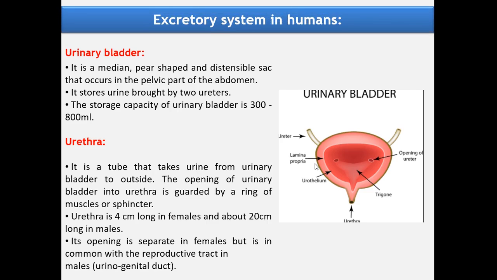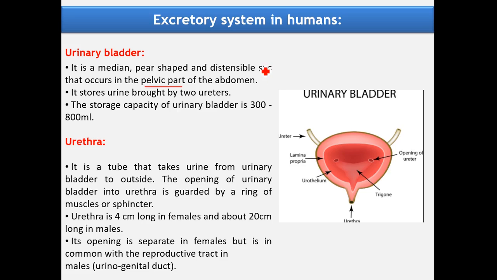Now coming to the next part, that is the urinary bladder. It is a median, pear-shaped and distensible sac that occurs in the pelvic part of the abdomen. Pelvic part means the lower part of the trunk, and this area provides support to the intestines, urinary bladder and the reproductive system.